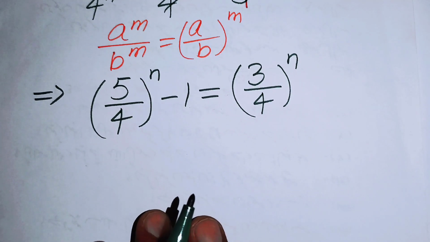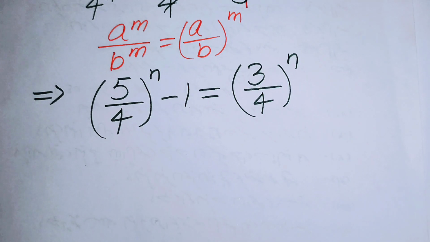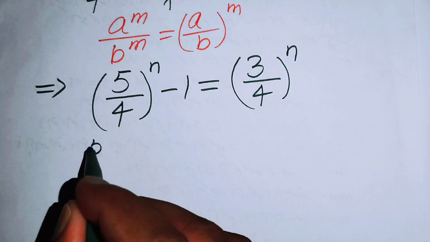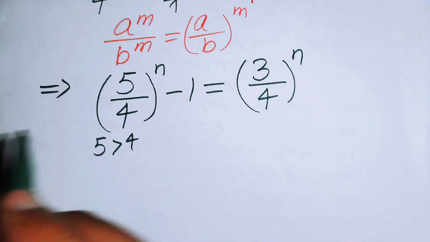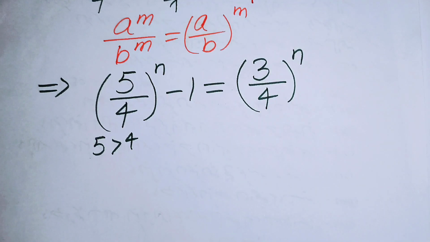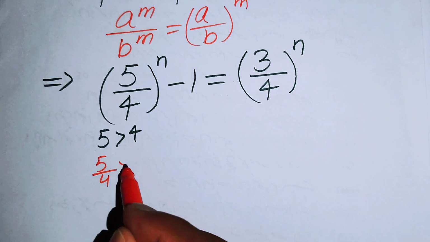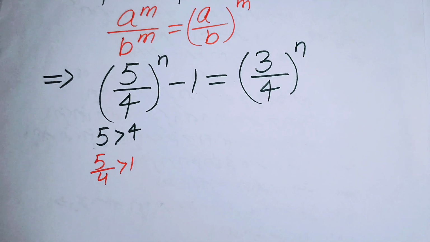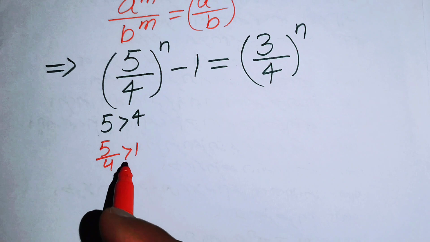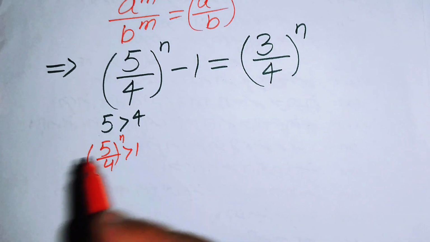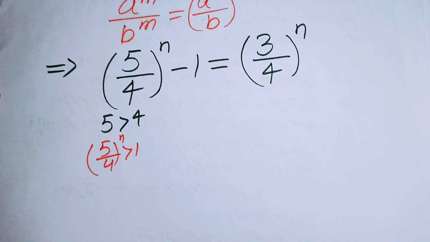After that we can focus on both sides. Here you see that 5 is greater than 4. If 5 is greater than 4, it means that 5 over 4 is greater than 1, and then 5 over 4 to the power of n is also greater than 1.